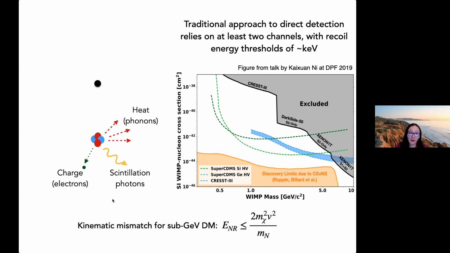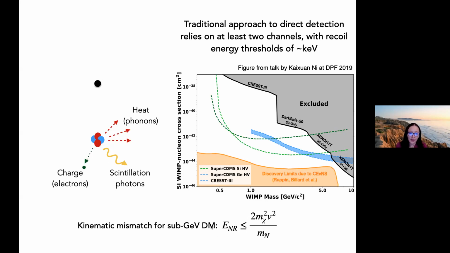If you look at the energy and momentum of the incoming dark matter, the relationship between the energy and momentum is going to be very different than the relationship of the energy and momentum of the nucleus, because the masses of the two particles are very different. That translates into a maximum recoil energy which scales as dark matter mass squared, rather than as the total dark matter kinetic energy, mv squared.